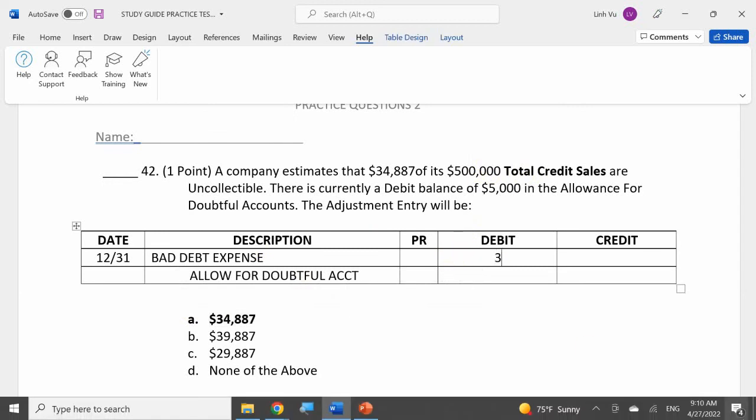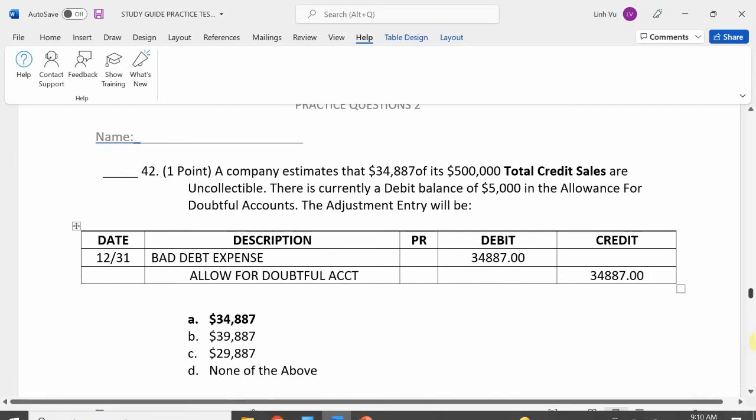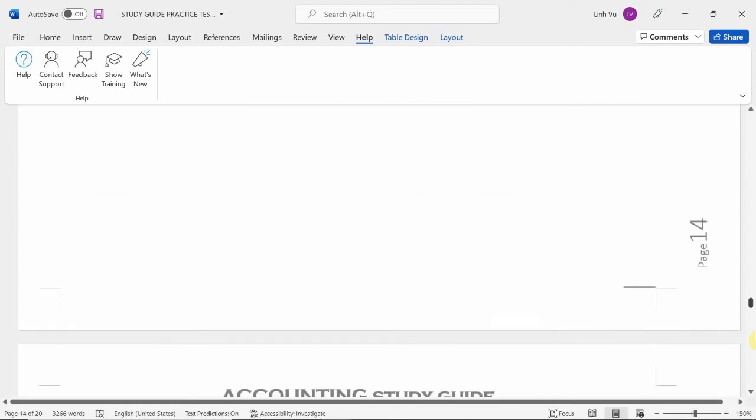So we don't care what the balance is in my allowance for doubtful accounts. So it should be whatever the estimated amount is. Good. Okay.